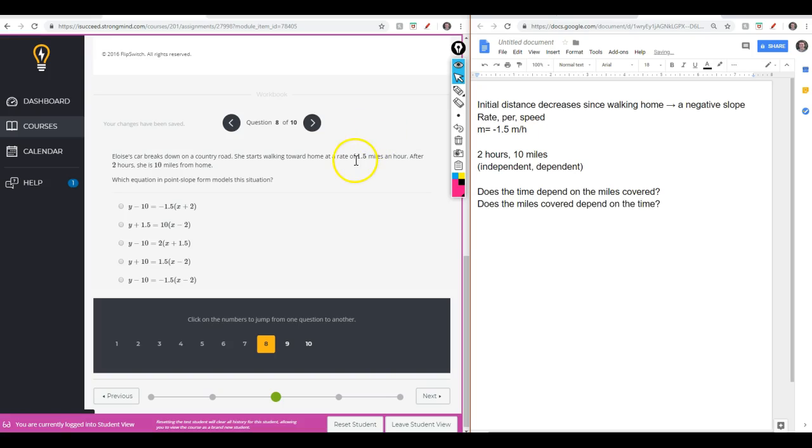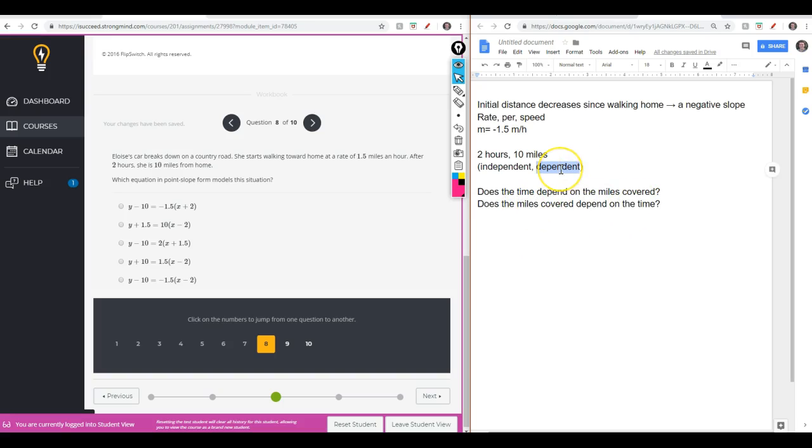So right here she's walking 1.5 miles per hour. So the miles covered depend on the time because we're doing miles per hour. So since miles are dependent on the time, the miles depend on time.